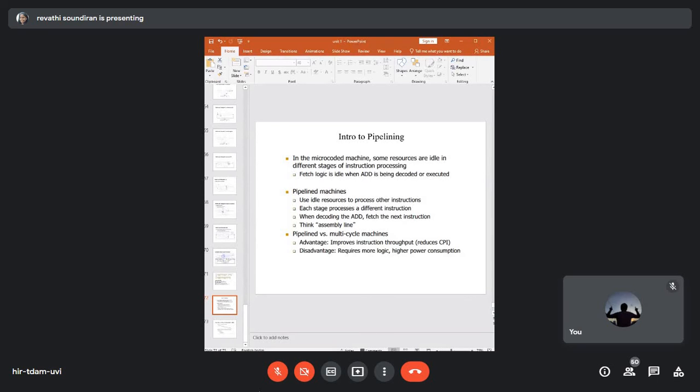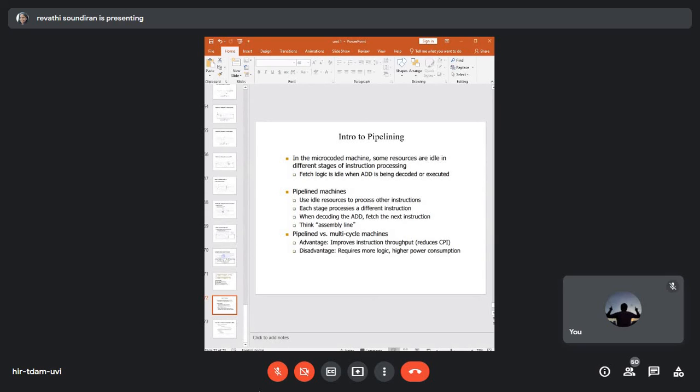When I'm doing a fetching operation, where only memory read and write is involved, I can perform the ALU operation carried out in my arithmetic and logic unit. I'm trying to use the idle resources to process another instruction while something else is processing. So each stage processes a different instruction. When you decode the AND operation, we are trying to fetch the next instruction.